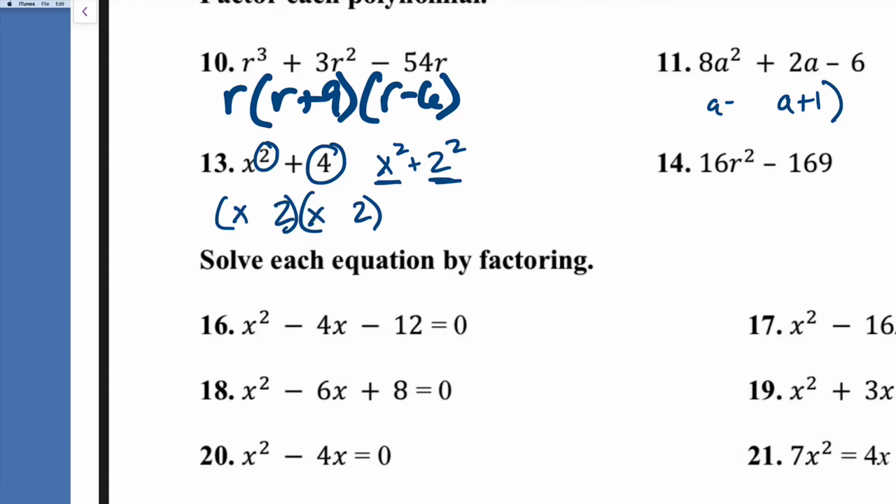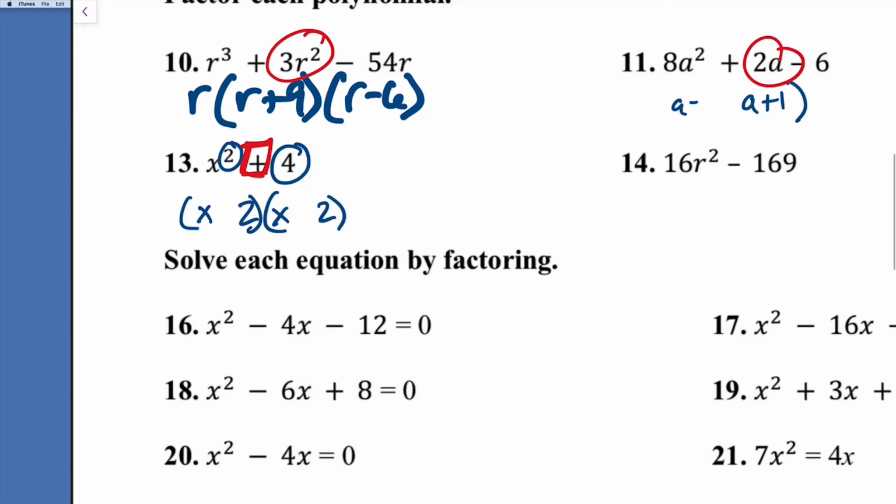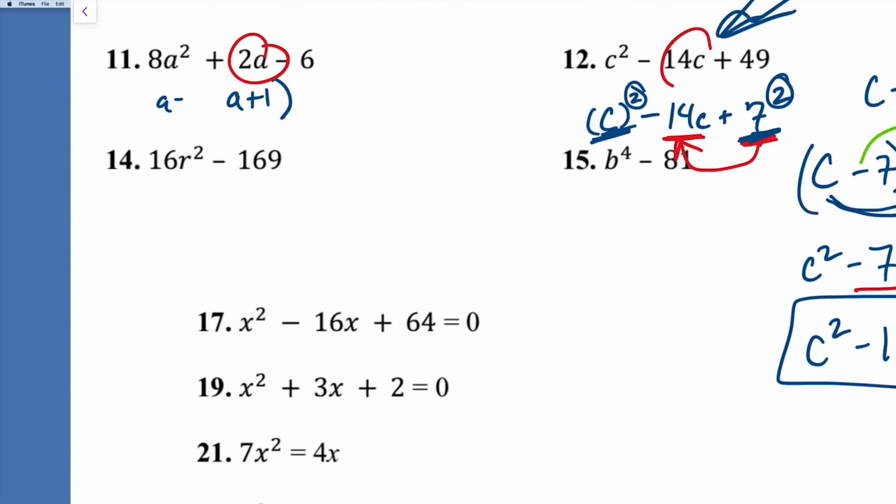See, now here's a tricky part. This is very tricky. And this actually goes over something that we will discuss in class after break, which is your complex numbers. You'll notice something really important here: we're missing a middle term, right? With all the other ones, we have a middle term.